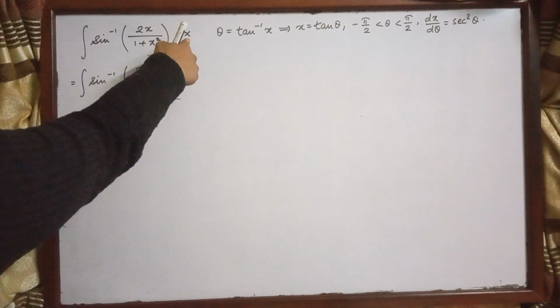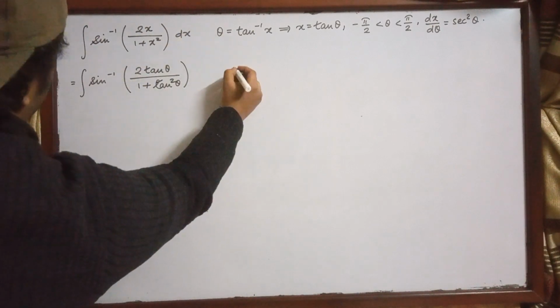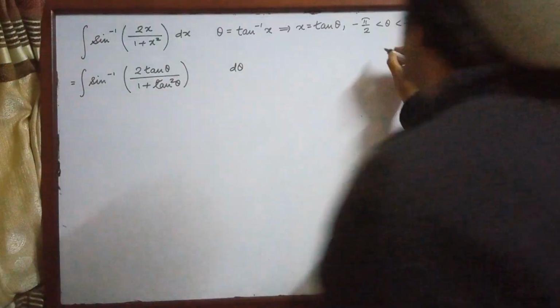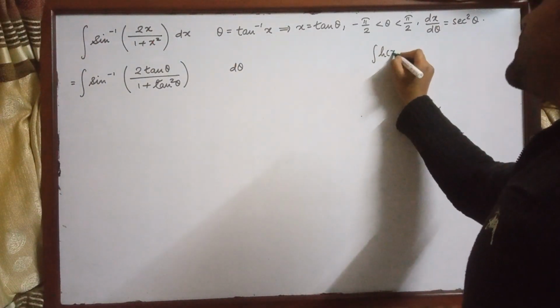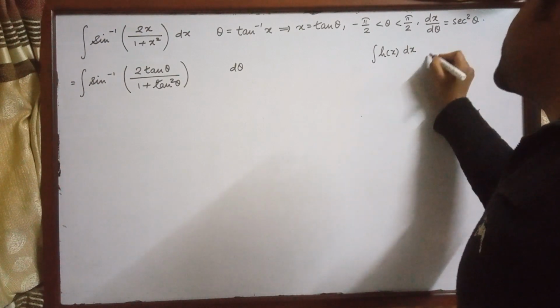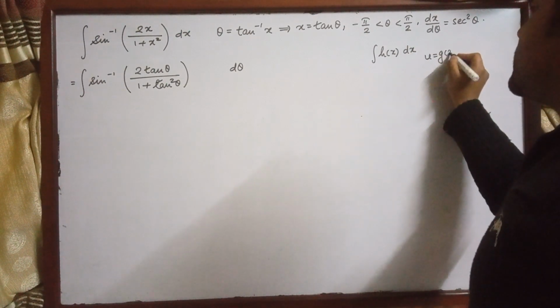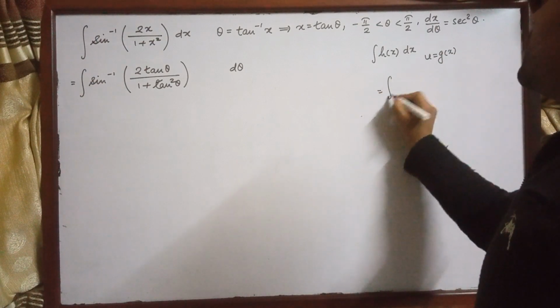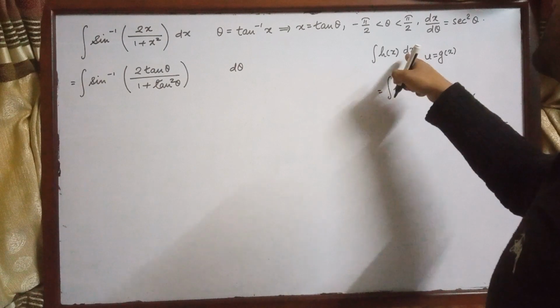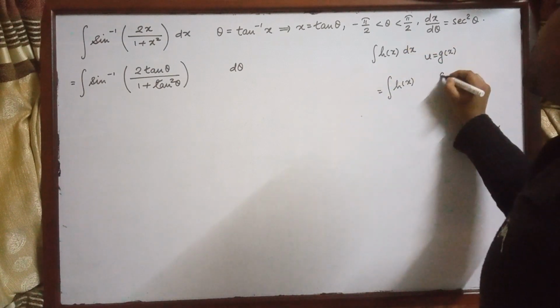We need to change the variable of integration from x to theta, so we're going to use some substitution factor. As we know, if we have an integral of the form h(x) dx and we're making the substitution u equals g(x), then we need to change the variable from x to u.